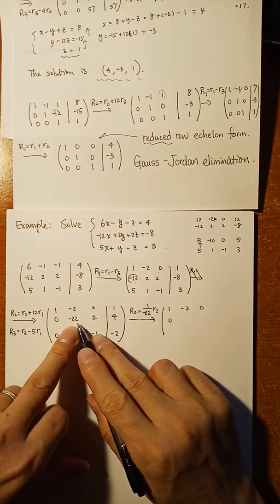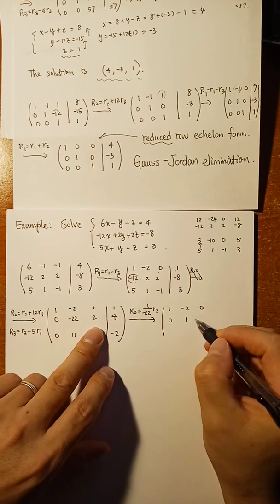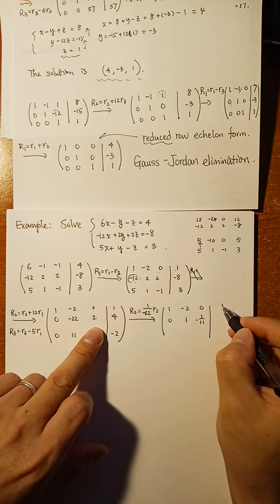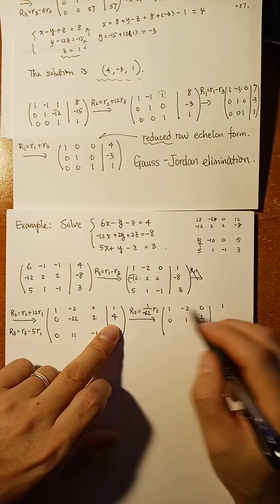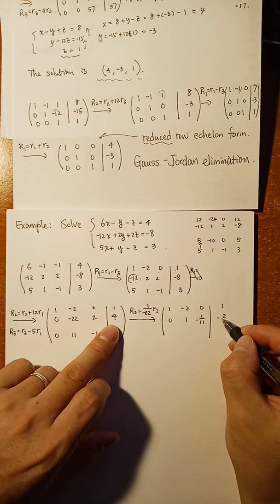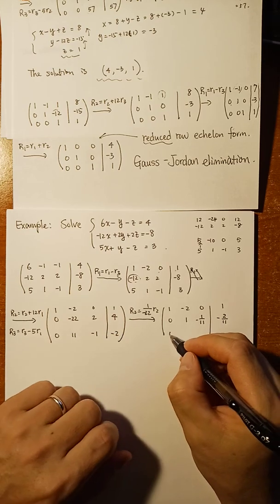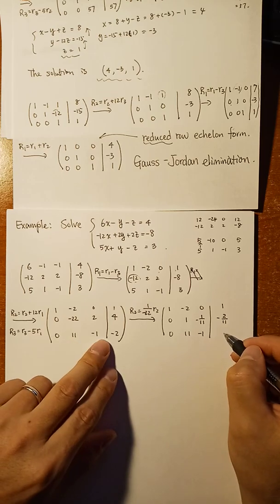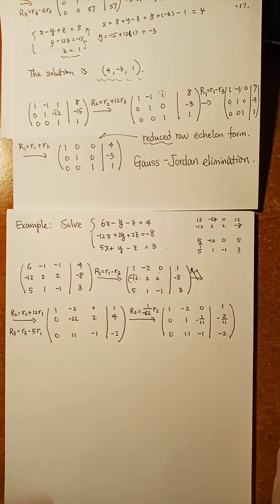So this one divided by negative 22 is 1. 2 divided by negative 22 is negative 1 over 11. 4 divided by negative 22 is negative 2 over 11. Here is 0, 1, negative 1 over 11, and negative 2 over 11. Okay?